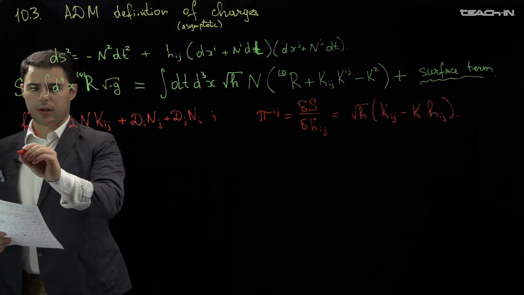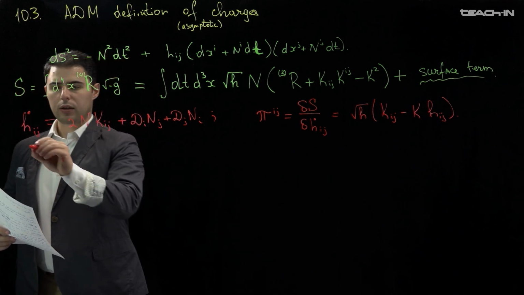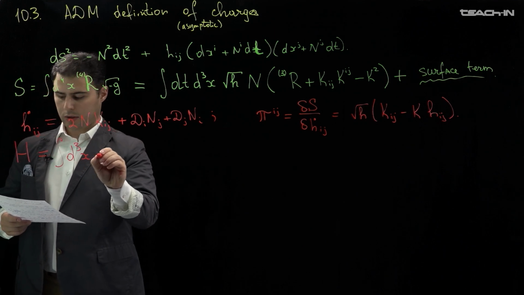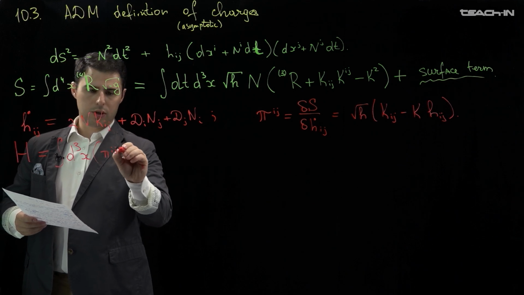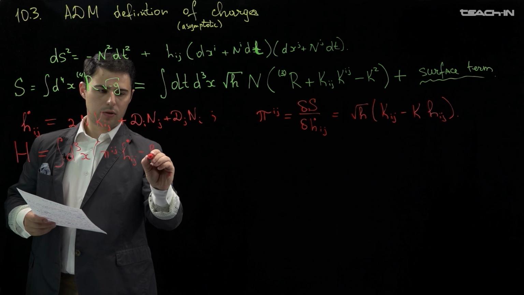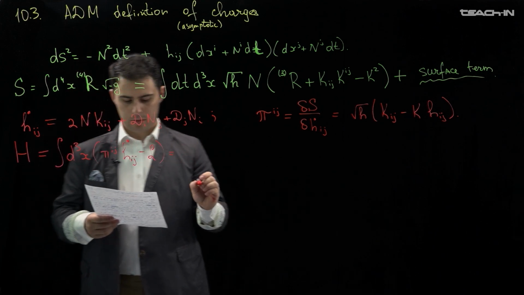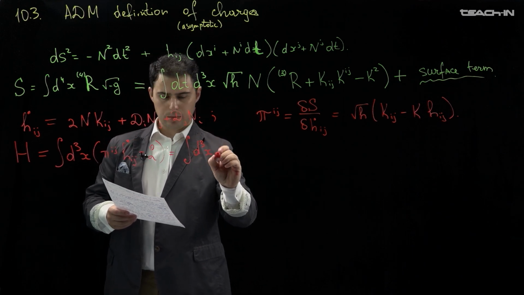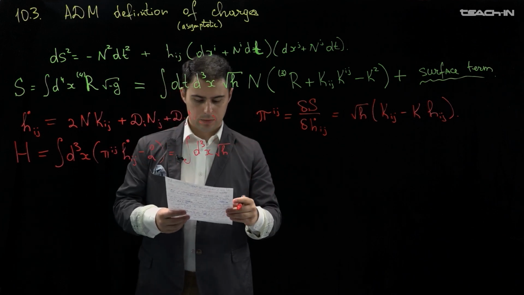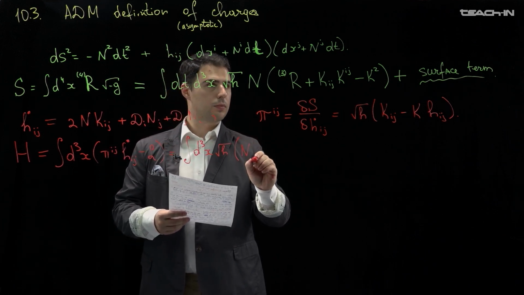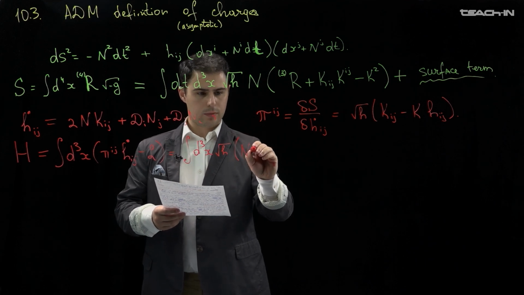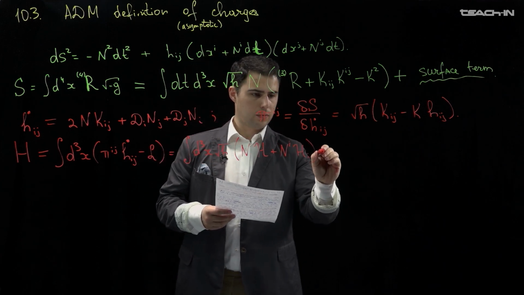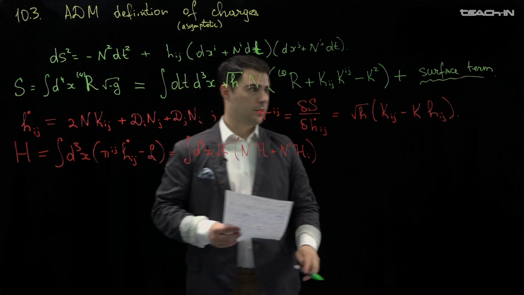The Hamiltonian is then H equals the integral d^3x of N H plus N^i H_i, plus the surface terms.